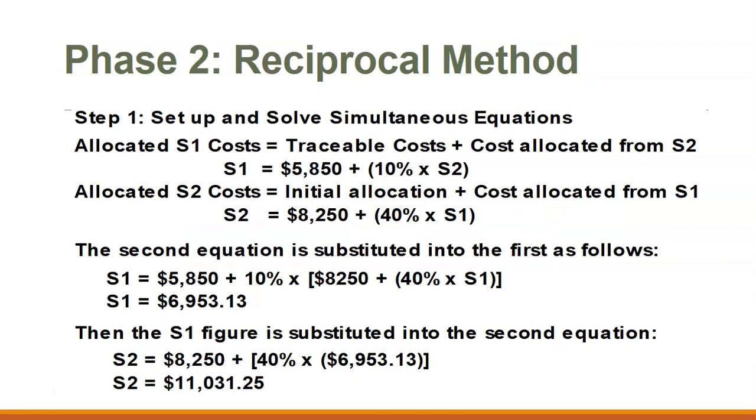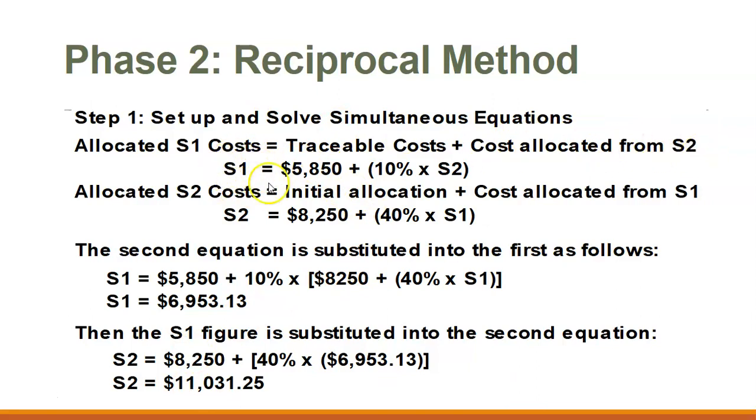So in the reciprocal method, we use this analysis where we place information about each department into a set equation. So we show that traceable costs and costs allocated from service department two are percentage amounts. So we see traceable costs plus costs allocated from two.